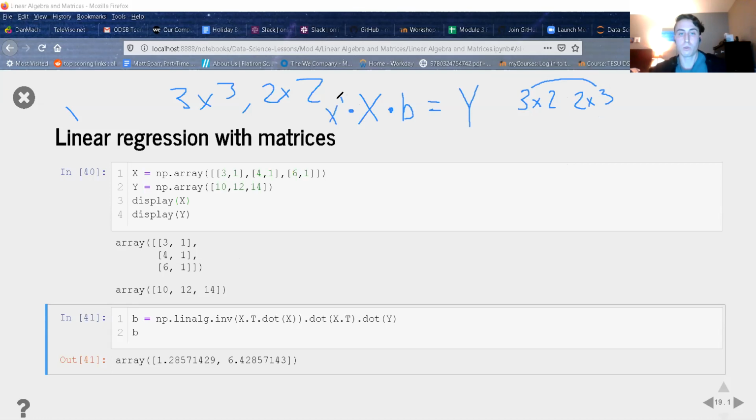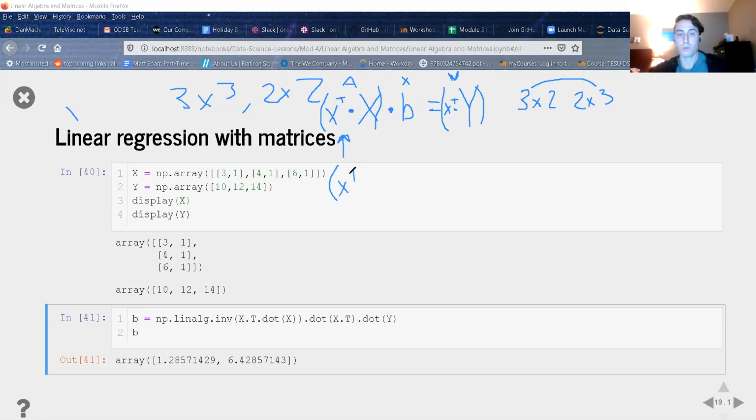So you multiply both sides by the transposition of X. And now you could kind of just cover up these and think of them like before. This is just our A, our x, and then our b. So now all we have to do is multiply both sides by the inverse of this term here.